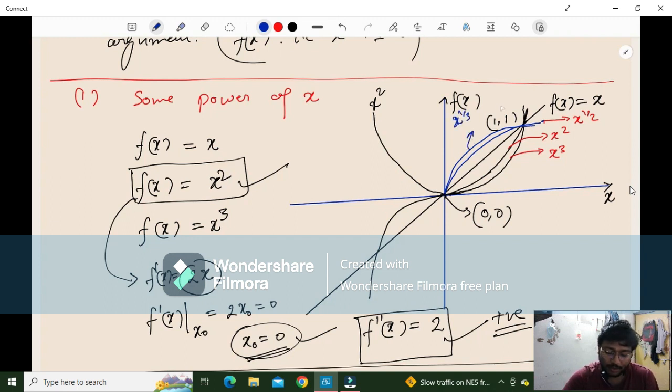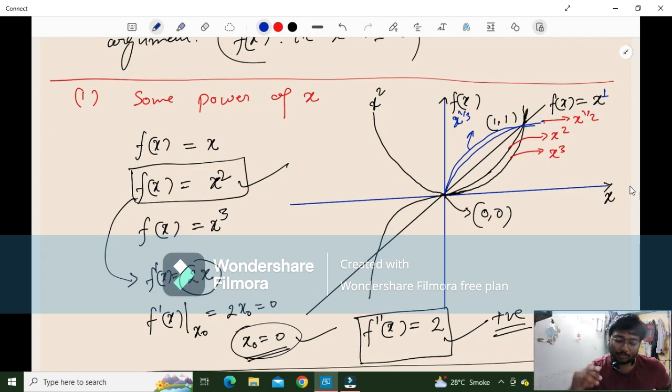As you increase the power, the shape moves away from the straight line. x to the power 1 is the separation line between the two families of curves: one is the integer power family and one is the fractional power family. So x to the power 1 by 2 and x to the power 1 by 3 will be above the straight line in the first quadrant, and the integer power functions will lie below this straight line.